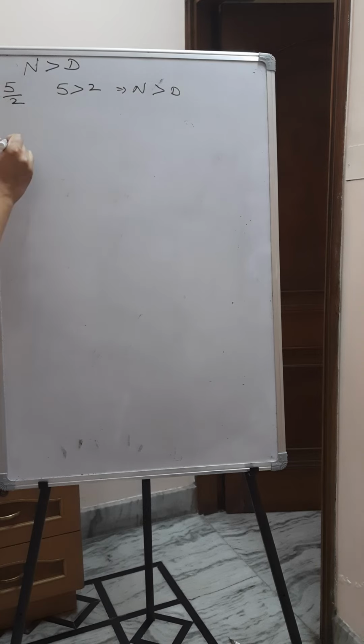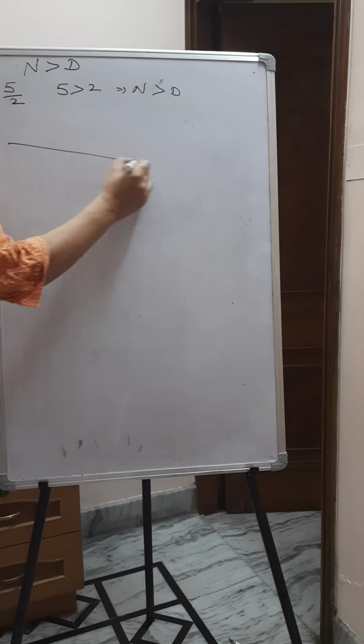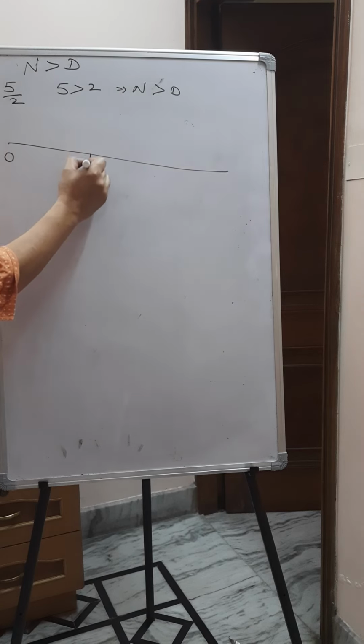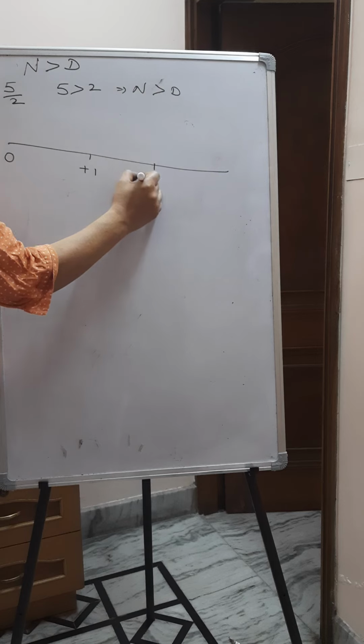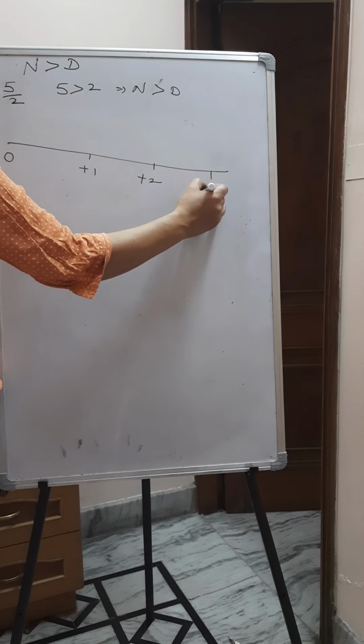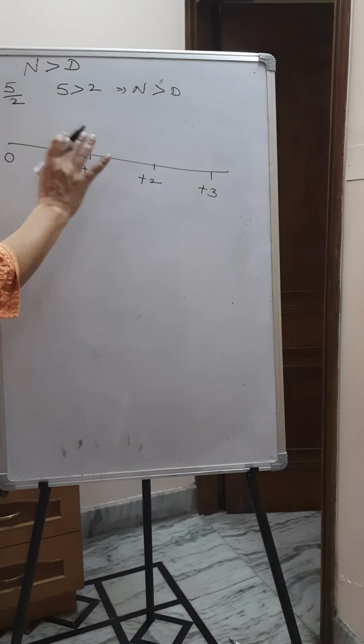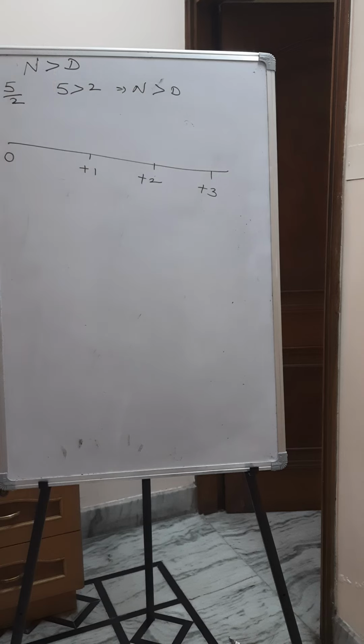So our number line is towards the positive. 0 comes to the left hand side, all the rest numbers are on the right hand side, because the question is given for plus 5 over 2. No sign means plus 5 over 2. Now this is the first step, that you recognize that numerator is greater than denominator and the sign of the question is positive, and we write down the numbers.